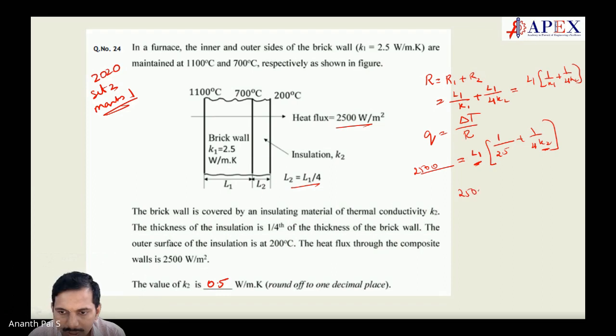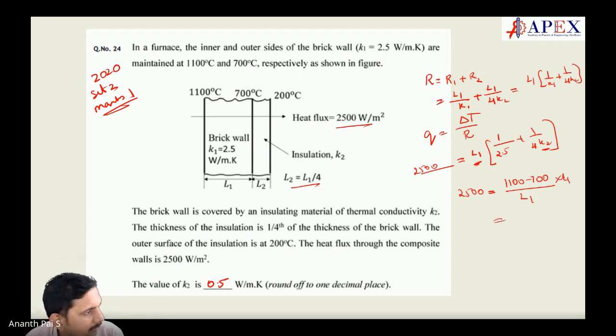Q is the same, 2500 is equal to delta T, which is 1100 minus 700, divided by L1 by K1, right?